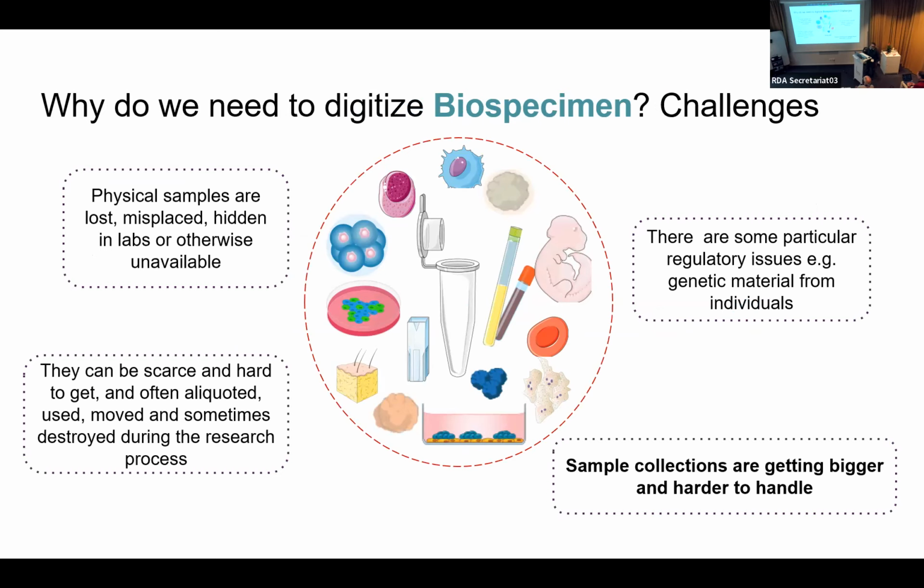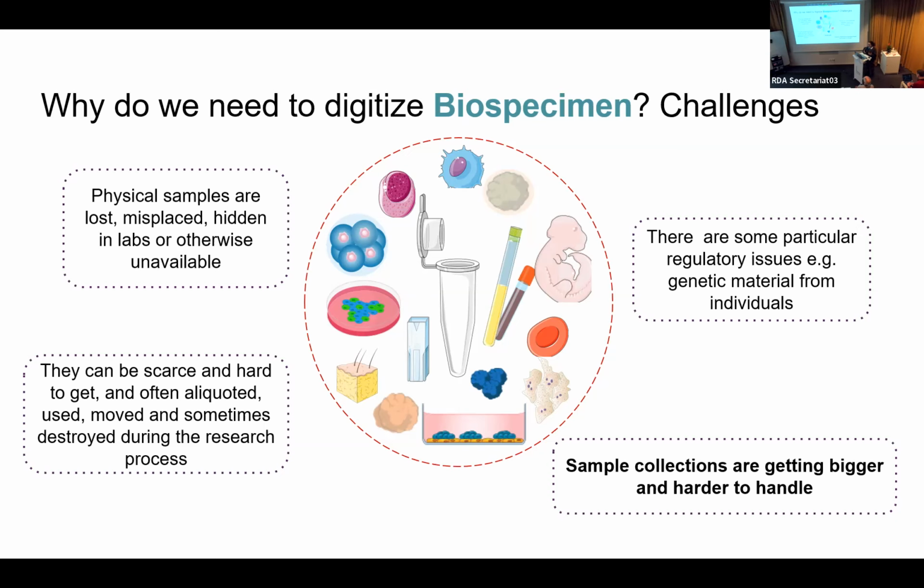They can also be very rare and hard to get, and sometimes or most of the time they're destroyed in the process of investigation. But with biospecimen, there's an added layer of regulatory issues that can be in connection with some types of samples, like genetic materials from individuals. And we've seen the scientific collections becoming bigger and bigger with the technologies that we're getting every day.